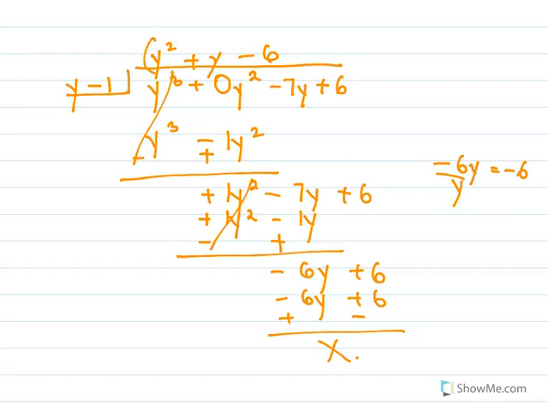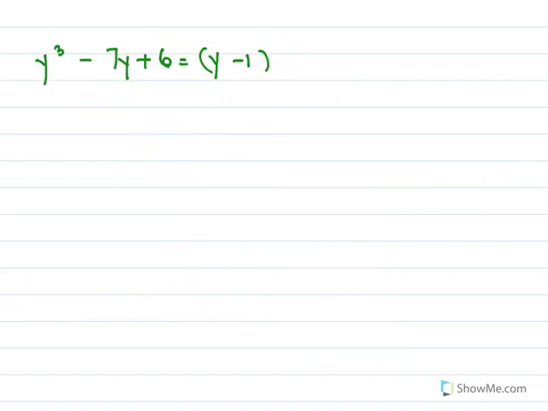So this is my other factor. So now I can write y cube minus 7y plus 6 equal to two factors, y minus 1 and y square plus y minus 6. So this multiply into y square plus y minus 6.